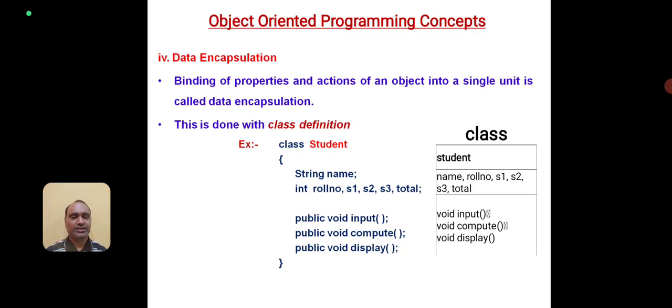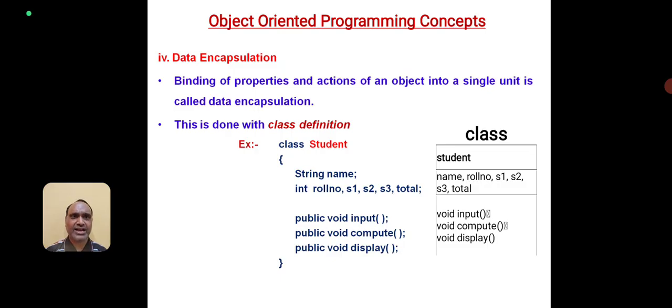And then associated methods like input method, compute method, display method. You can have other methods also: read method, listen method, sleep method, play method, all methods you can have. Any number of methods you can define inside the class, there is no restriction. Similarly, any number of variables you can declare inside the class definition.